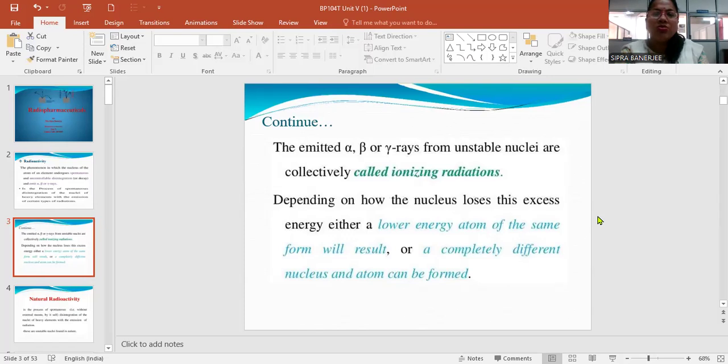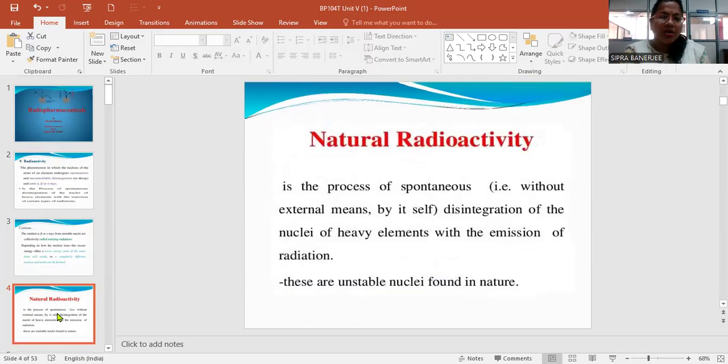Depending on how the nucleus loses its excess energy, either a lower energy of the same atom form will result, or a completely different nucleus or atom can be formed. Whenever the element radiates an alpha particle, it will produce an atom with lower atomic number or mass number, and some particles like helium, neutrons or electrons will be generated. Okay?